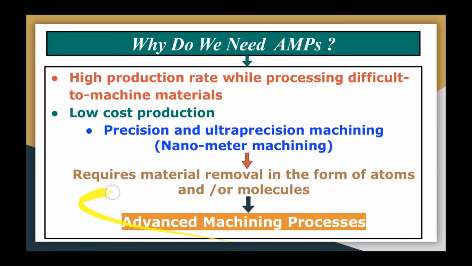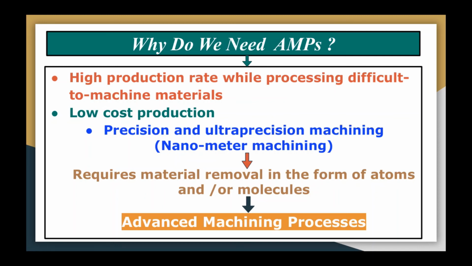When we talk of nano level surface finish or tolerances less than 10 micrometer, definitely you cannot get this kind of requirement on the component with conventional machining processes, where you are removing material in the form of chips, where the size of chip itself is few hundred microns on the lower side, or sometimes few millimeters also.